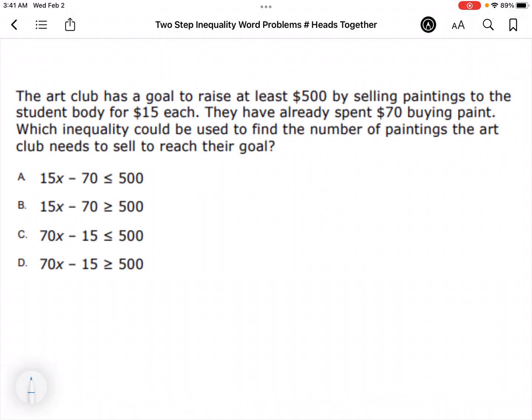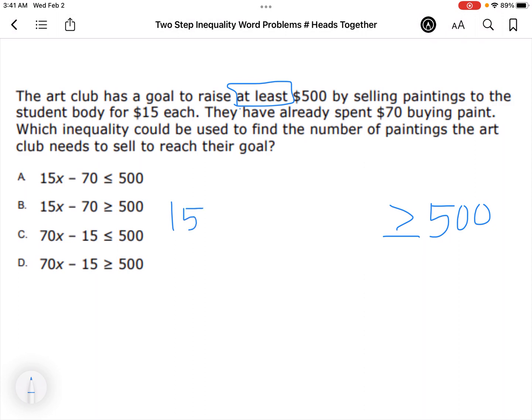The art club has a goal to raise at least, so that's the minimum they can raise. So I can get 500, but I want to get more. So it says that by selling paintings to the student body for $15 each.